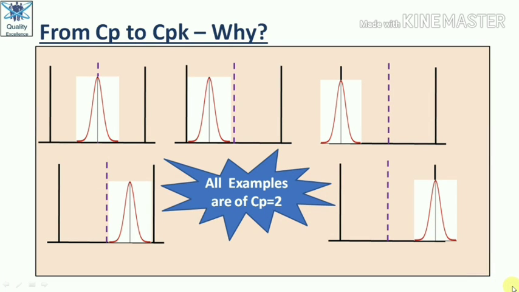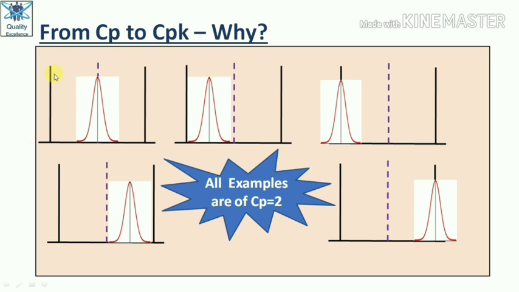Now let us know why we need CPK. If we are already calculating CP, that is process capability ratio, then why do we need CPK? You can see here there are 5 different scenarios, and for each scenario CP is equal to 2. Here USL minus LSL, this width, if we consider this as double, then this is half of that.